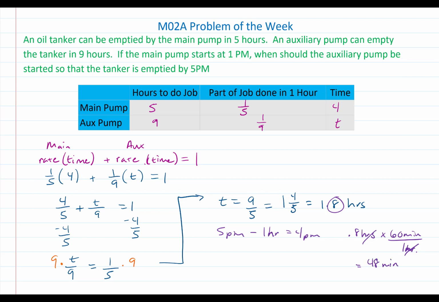Now I'm going to take that 4 p.m. and subtract from it 48 minutes, and what I get is 3:12 p.m. So the auxiliary pump needs to start at 3:12 p.m. in order for the pumps to work together to complete this job by 5 p.m.